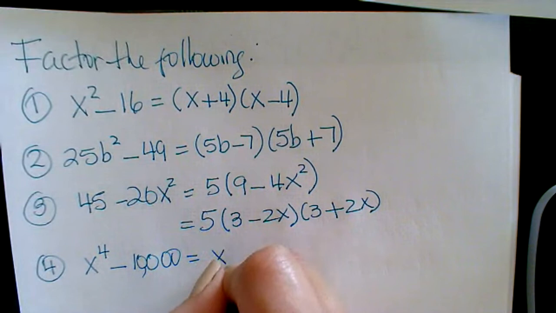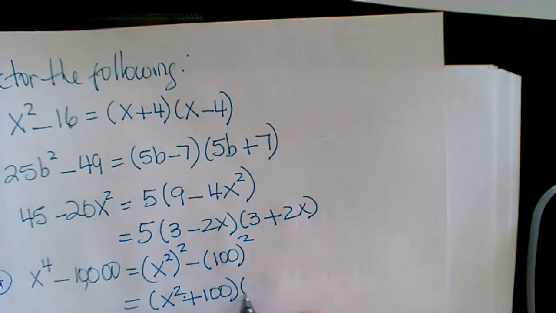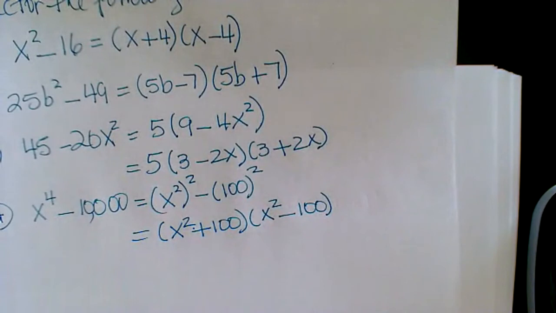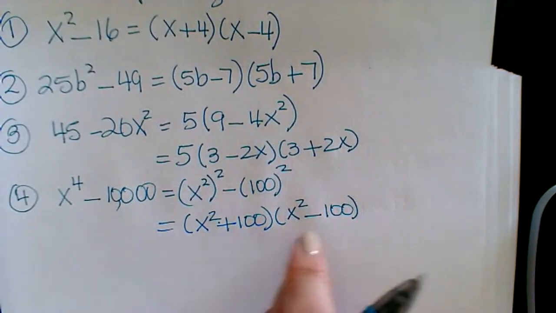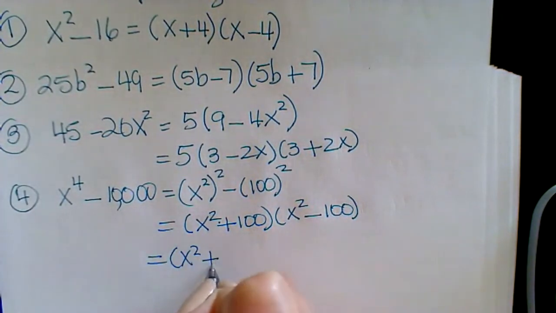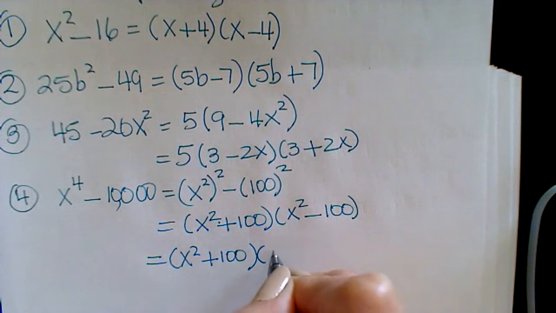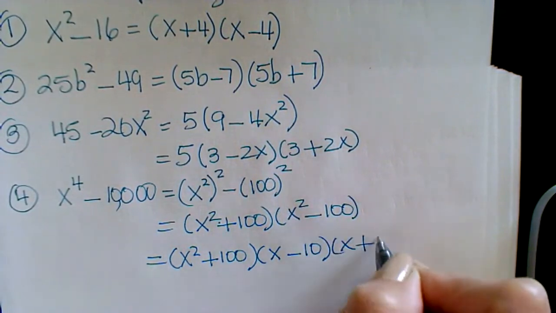So this is equal to x squared plus 100 and x squared minus 100. You see that? But we can't do anything here, but we could keep going on this one. We could do x minus 10 and x plus 10.